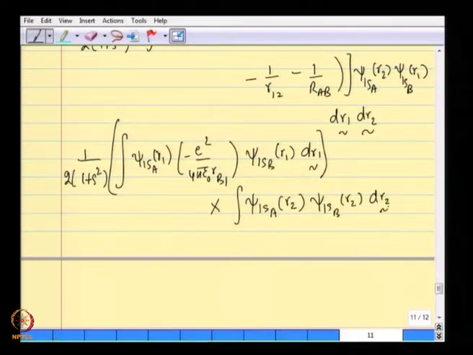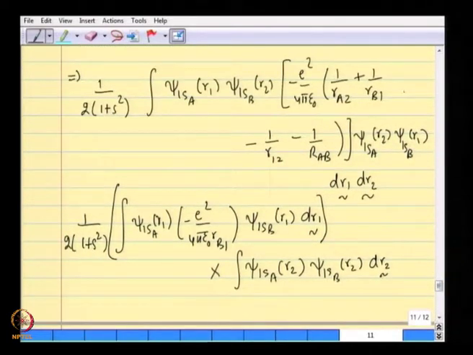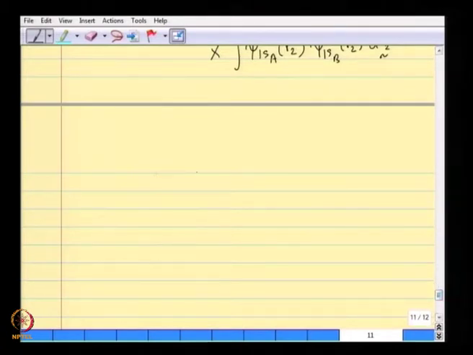Okay. This is the first of the 4 terms that you have for the B1, and likewise you can write for the A2 involving psi 1s B of r2 and psi 1s A of r2. Therefore, this whole thing is now called the exchange integral K.